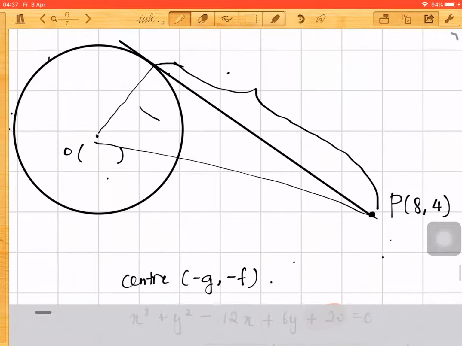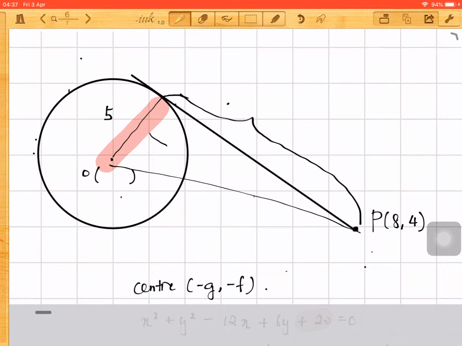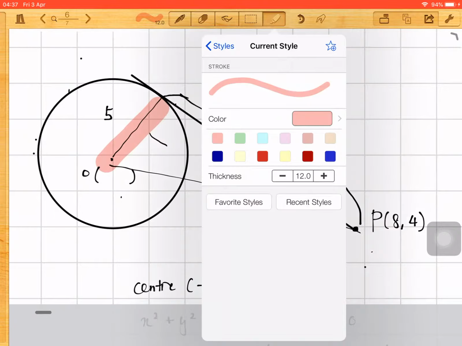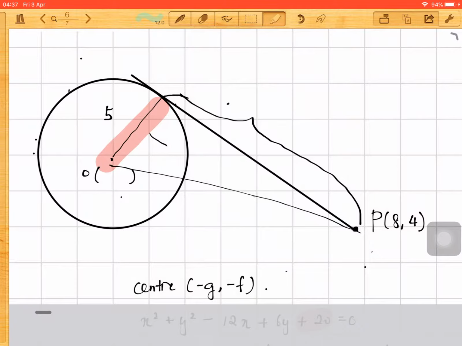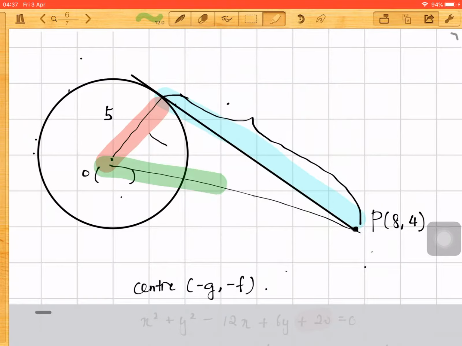Let's recall from here. So now you have this is 5. Now what you want to find is this part. Using Pythagoras Theorem, so you have to find this one.